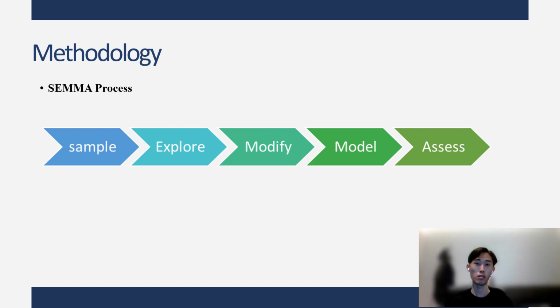In the Explore stage, we will perform univariate, bivariate, and multivariate analysis of the data. The third phase is Modify, which involves cleaning, transforming, and enriching the data to ensure it's ready for analysis. This step includes dealing with missing values, outliers, and other data quality issues.